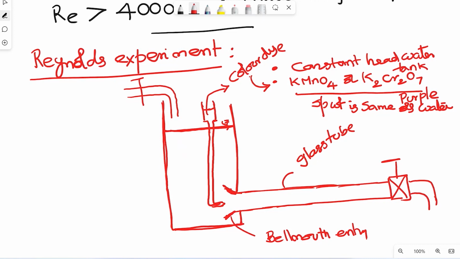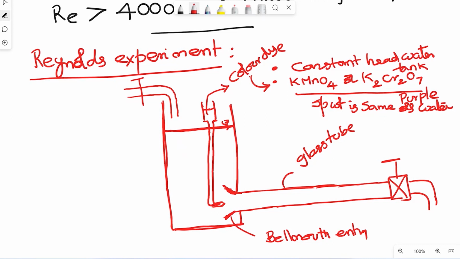What is the setup? A constant head water tank is one part. This is the inflow into the tank. Then we have a small tank, which consists of a color dye, generally potassium permanganate or potassium dichromate, which is of very strong color, having the same specific weight as water.